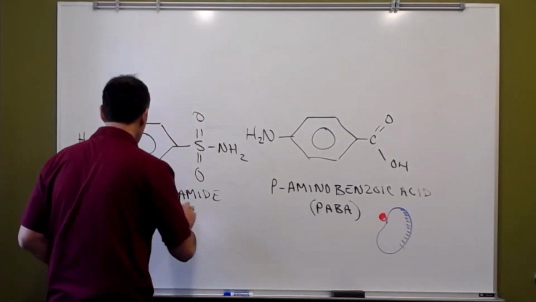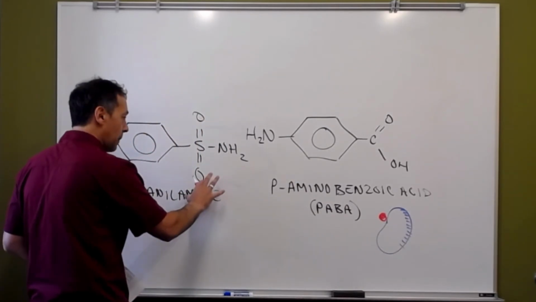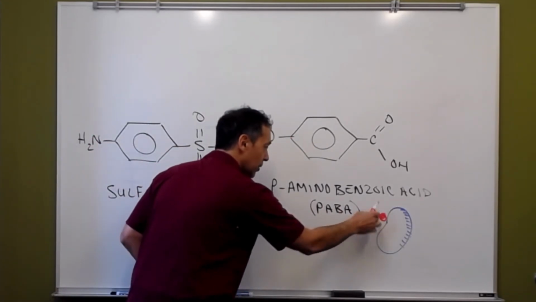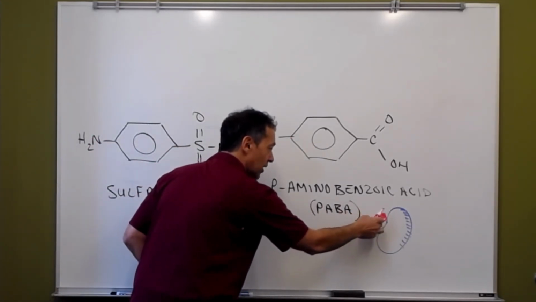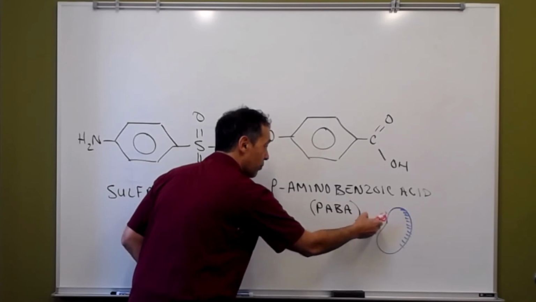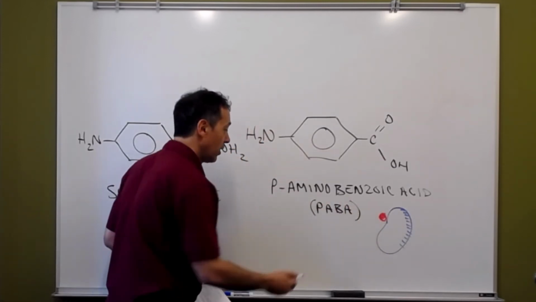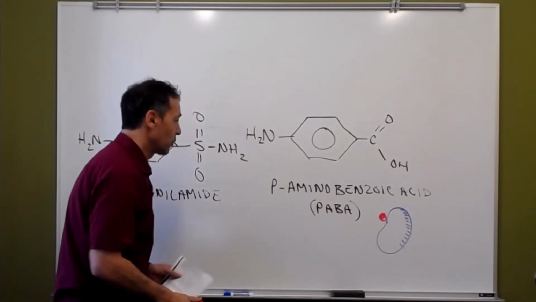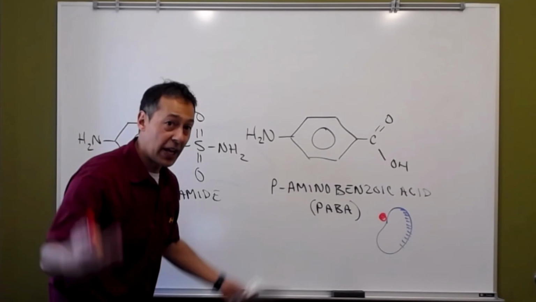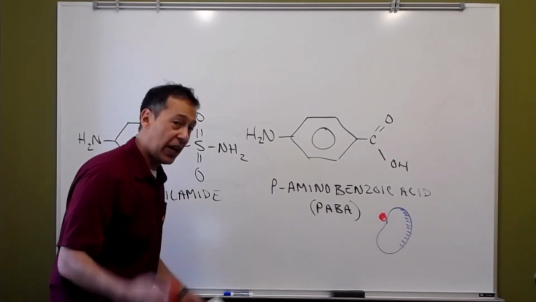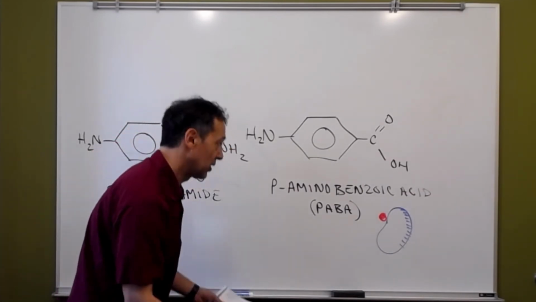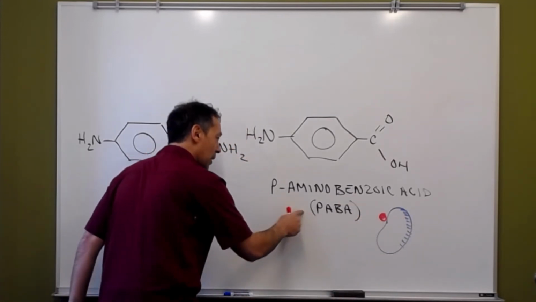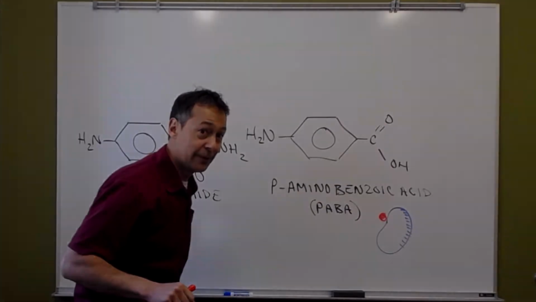And what happens is this sulfanilamide can, because it's the same shape, competitively inhibit. In other words, it sits here on the active site of the enzyme and prevents the bacteria from converting PABA into folic acid. And so this is how sulfa antibiotics work, they competitively inhibit the active site of the enzyme that converts PABA into folic acid.